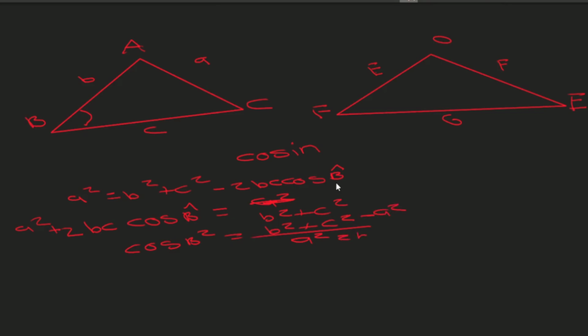So this is the cosine rule. This is a rule that you can use to answer trigonometry questions on triangles that are not right angle triangles.